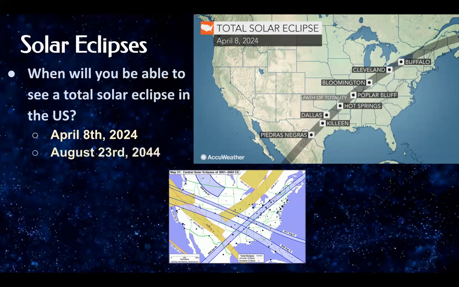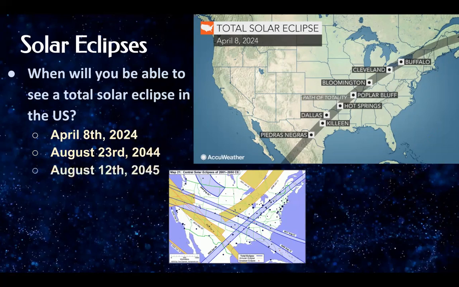If you miss it, don't worry. There'll be another one in 2044, which is insane. The one in 2044 is on August 23rd. If you look at this bottom map, it's only this part over here in North Dakota and Montana. In the United States, that's the only location where you'll be able to see totality.